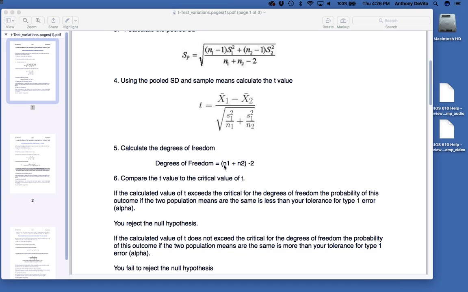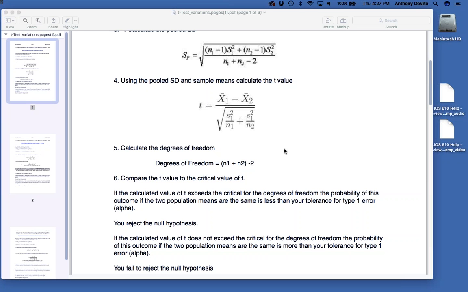Let's say it's 10 and 10. 10 plus 10 is 20, minus 2 is 18. We go to the t-table, look up what the t-value has to be for us to reject the null hypothesis with 18 degrees of freedom, which is what they use there. Look up that t-value. Just off the top of my head, let's say it's 2.09, right?